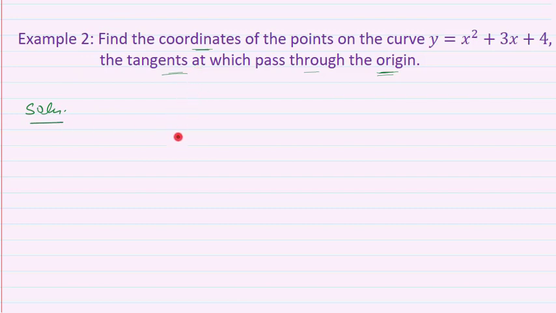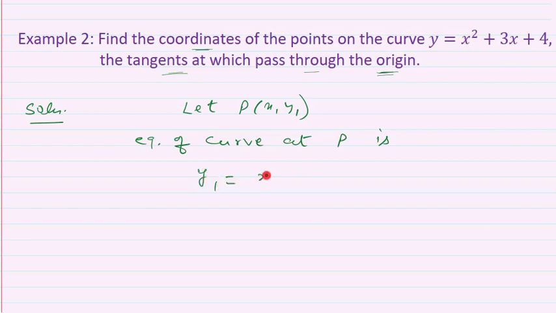As the statement will be same as I have written earlier, here I am going in short. So let P x1 y1 be the point on the curve at which tangent is drawn. Okay. So equation of curve at P is y1 is equal to x1 square plus 3x1 plus 4.